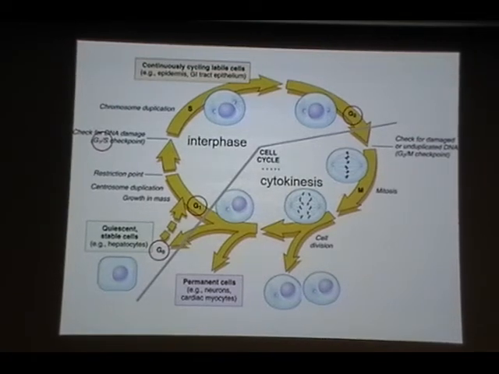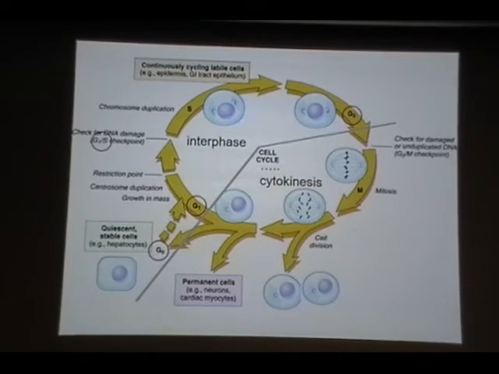The reason the cycle stops somewhere is that the cells need to check whether any errors were made during the process. We generally divide the cell cycle into several phases.